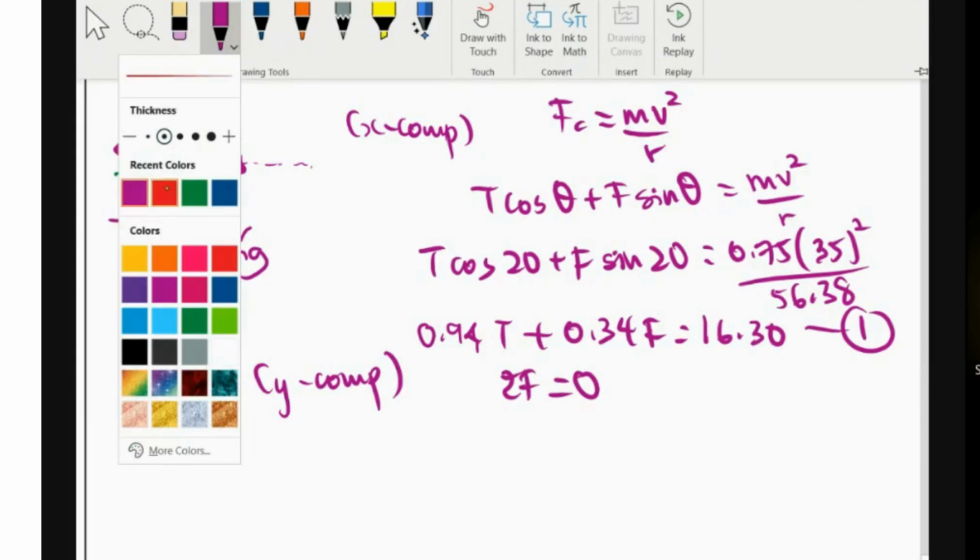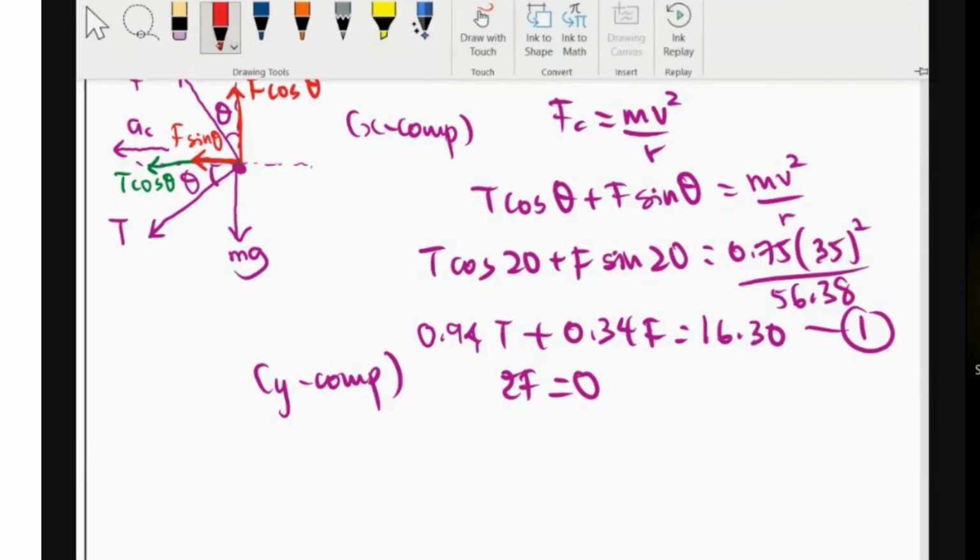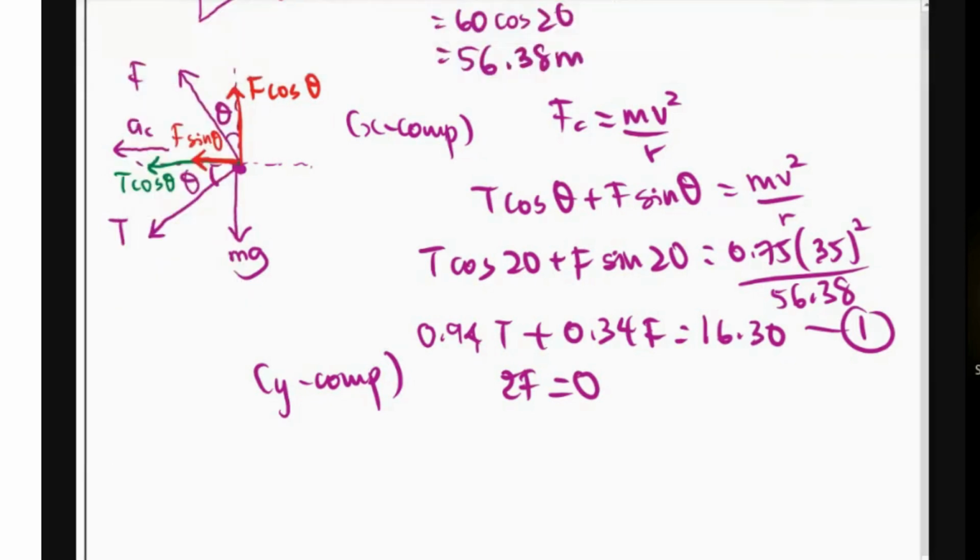So the first force is the component of Fy, which is pointing upward. So this is F cos theta, upward. The second force is the component of tension, which is pointing downward. So T sine theta, pointing downward.